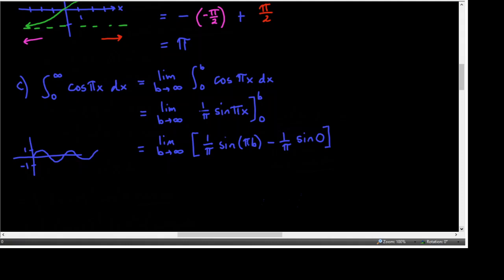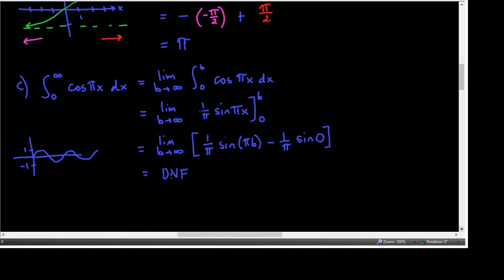And so there's not a particular single number real answer that sine heads toward as x goes to infinity on this graph. So pi times infinity is infinity, so sine of infinity doesn't approach anything, so that limit does not exist. Okay?